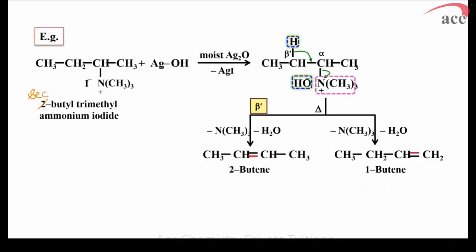Now whenever you have sec-butyl, students, you will have two possibilities, either 1-butene or 2-butene. But generally the deciding factor, as we have learned in Saytzeff's rule, is the most substituted alkene as the major product. Whereas it must be noted that in Hofmann's elimination reaction, the more acidic beta hydrogen, or what you call the less sterically hindered carbon, is involved.